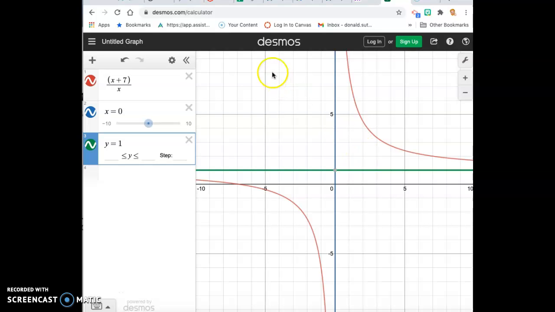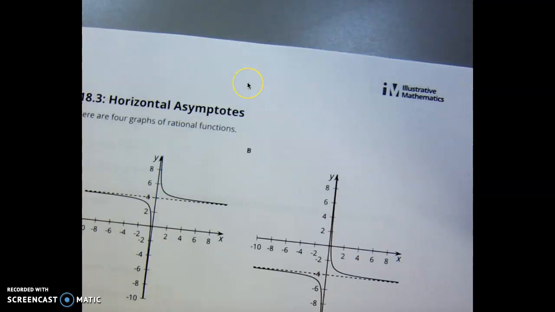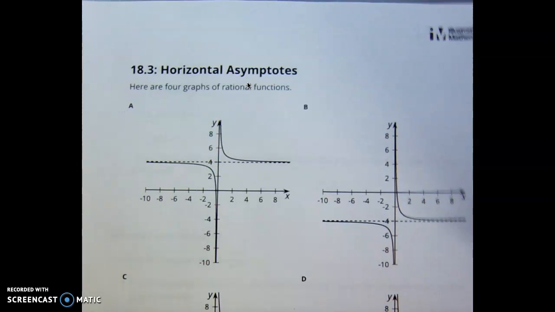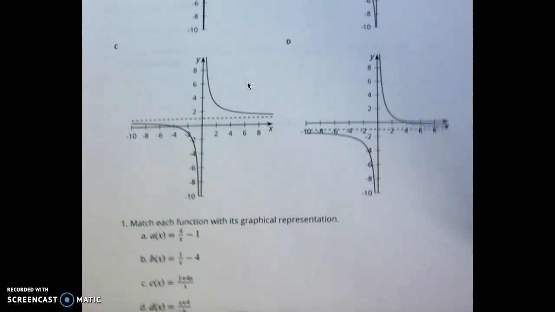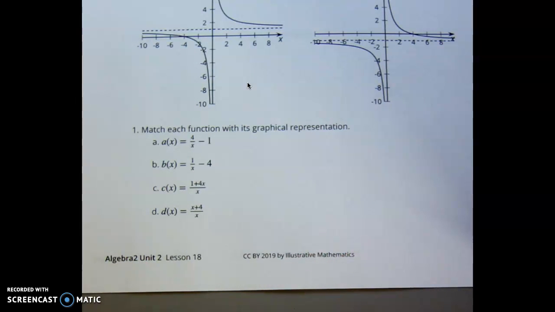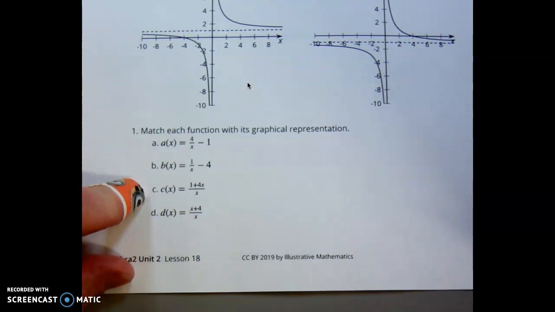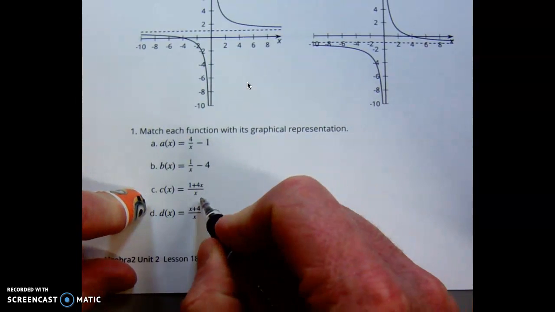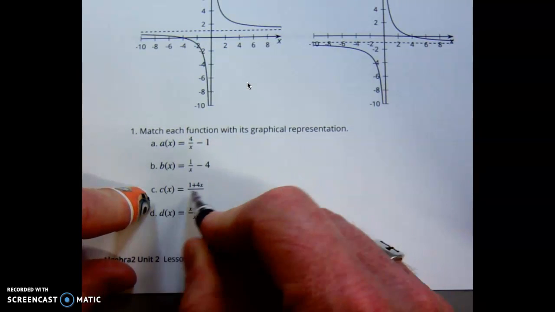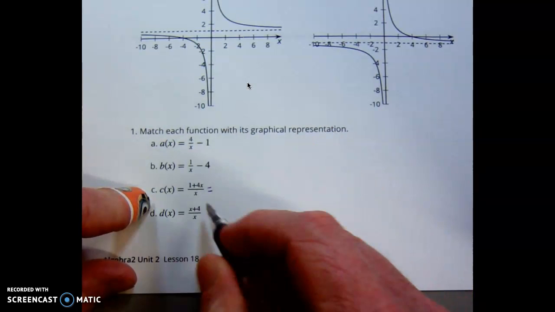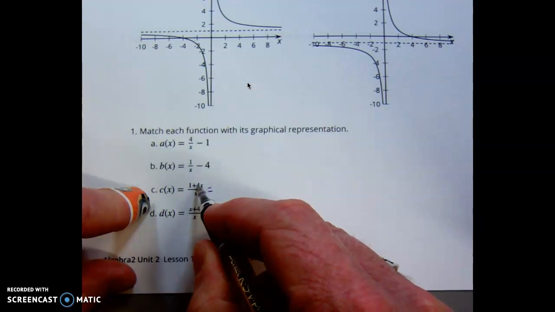So let's go back to the paper here. Let's look at C down here on the bottom. C tells me I've got 1 plus 4x over x.